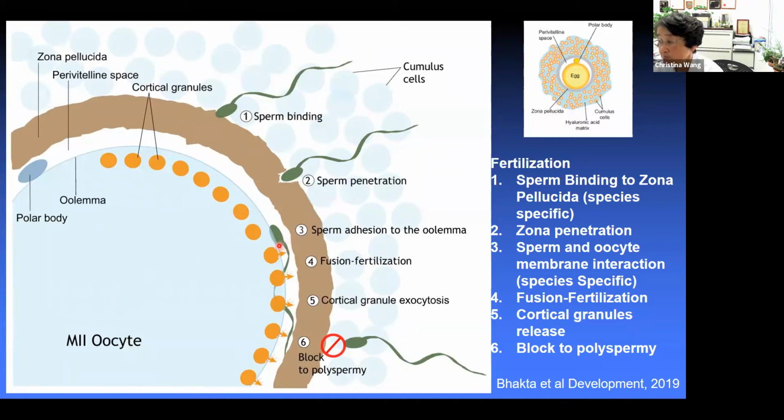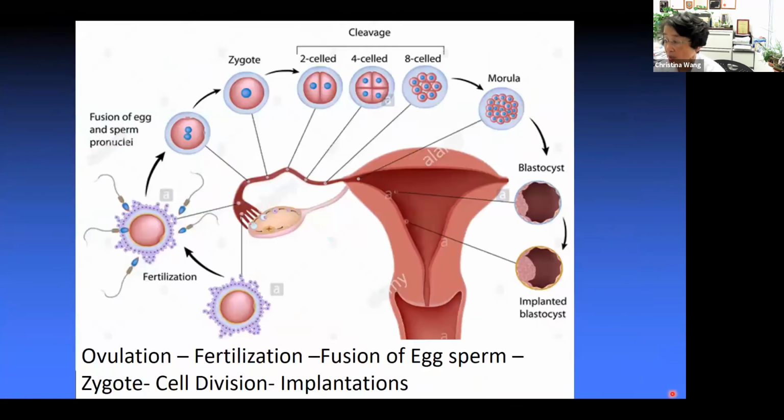When the sperm fuses with the oolemma, or the oocyte, cortical granules present in the oocyte are released into the perivitelline space, which blocks any other sperm from coming in. It blocks polyspermy.